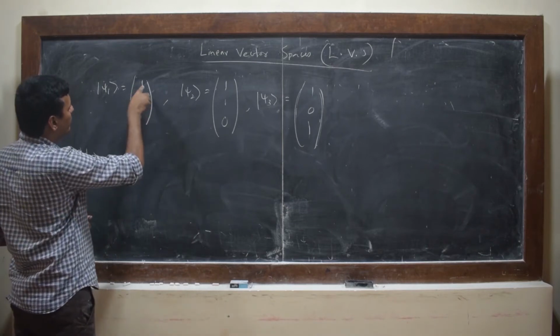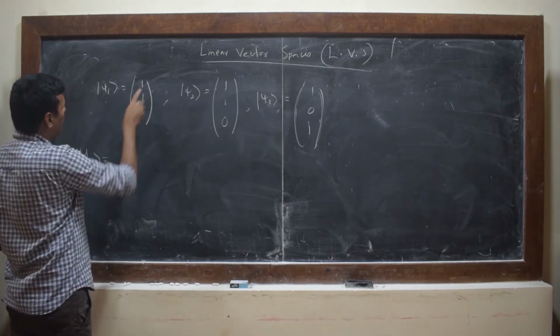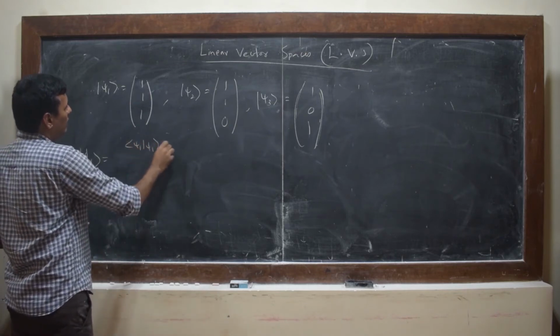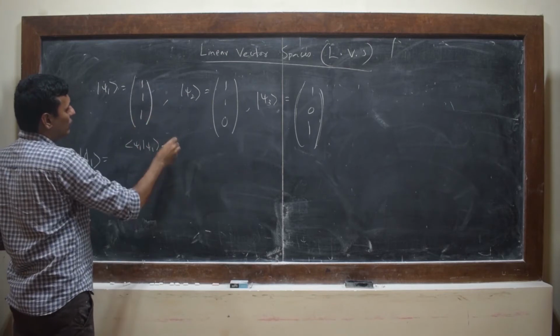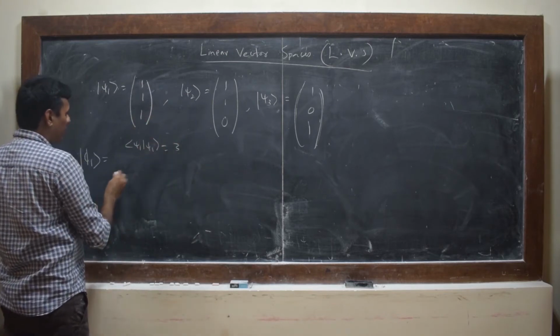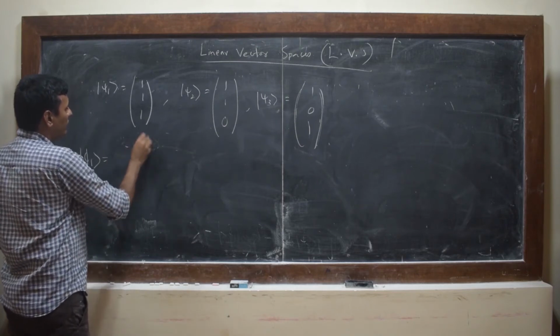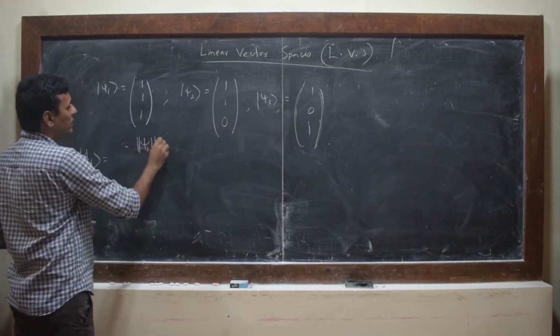So what is the norm of psi 1? It is going to be 1 square plus 1 square plus 1 square, so the norm of this vector psi 1 is equal to square root of 3.